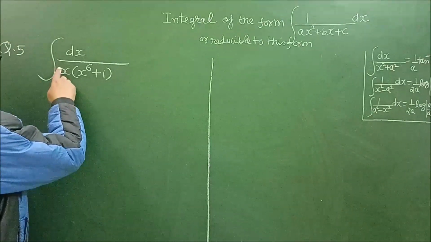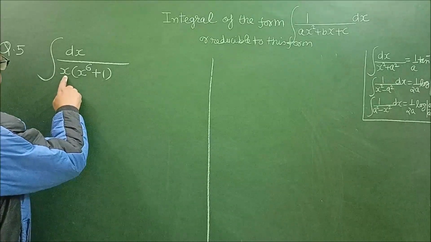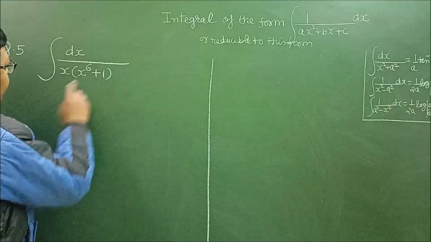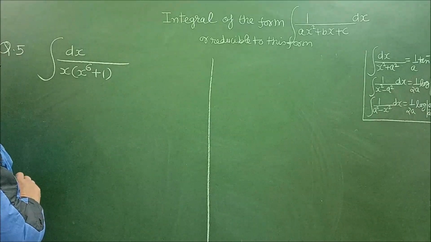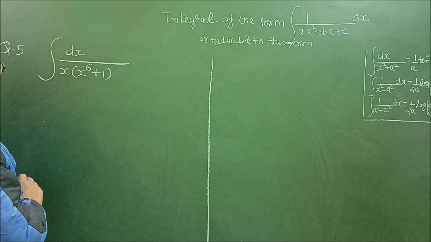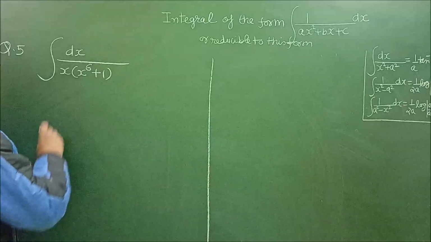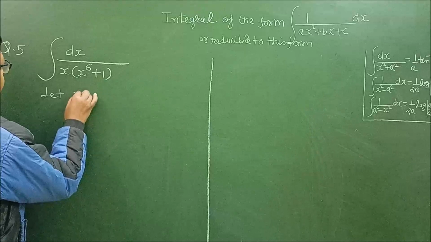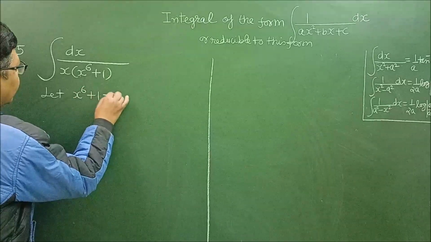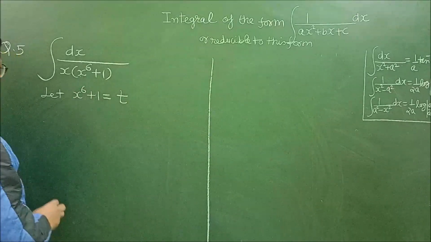Next question, find the integral of dx upon x^6 plus 1. In these types of questions in which we have dx upon x^n plus 1, let us take x power 6 plus 1 equal to t.